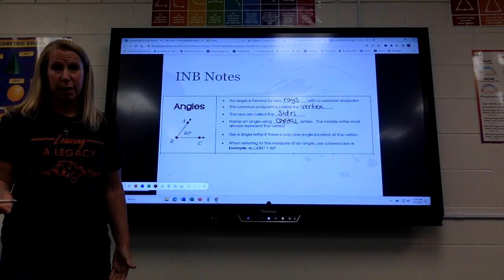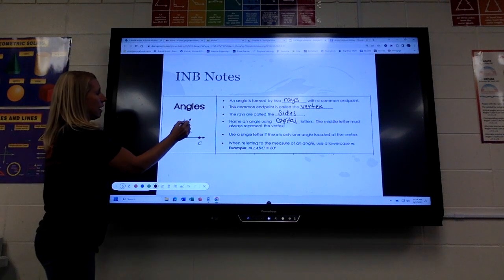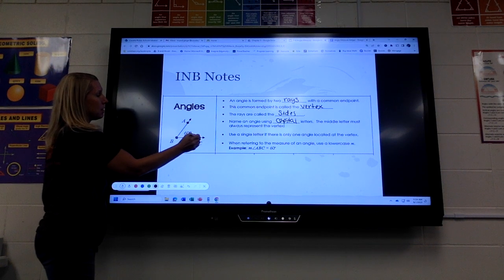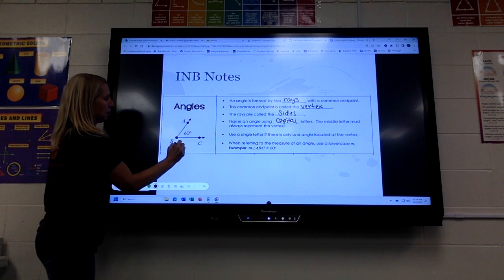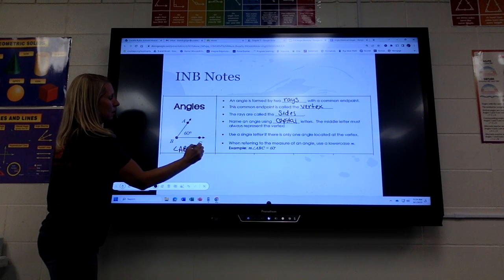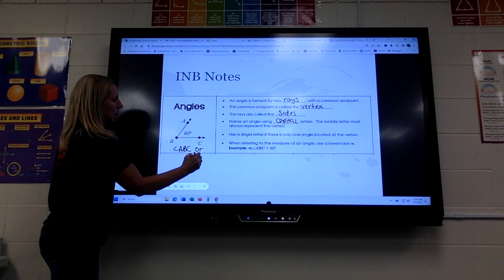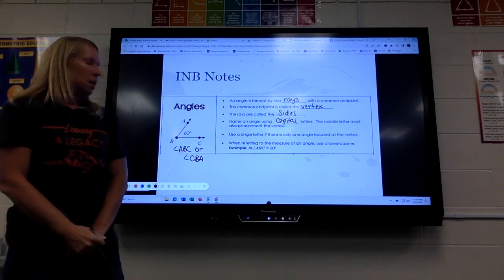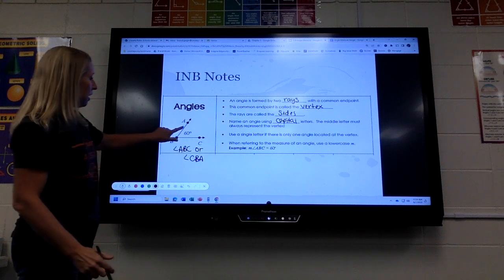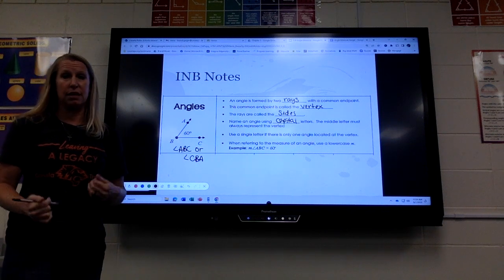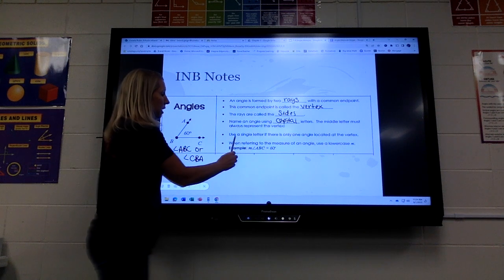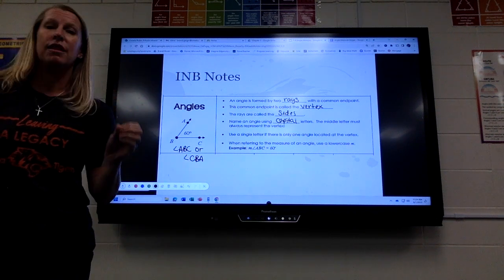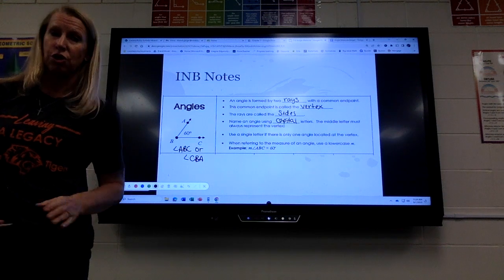So like, for example, I could name this angle A, B, C, or C, B, A. This right here, that's the degrees of the angle. So if you ever see a little M in front of the angle, that's just saying the degree measure of the angle.